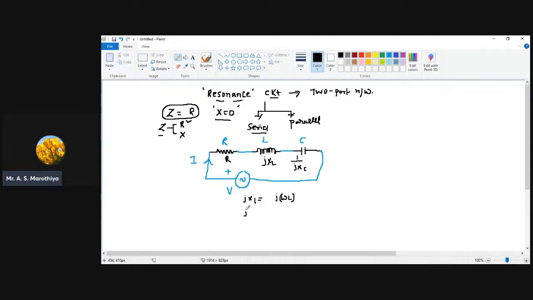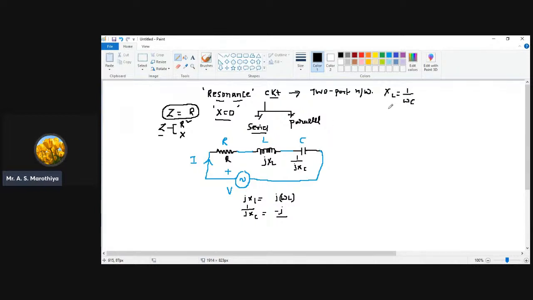In the same way, 1 upon jXC, I can write as minus j whole divided by XC, where XC is going to be 1 upon omega C.